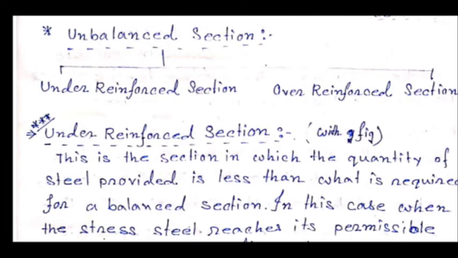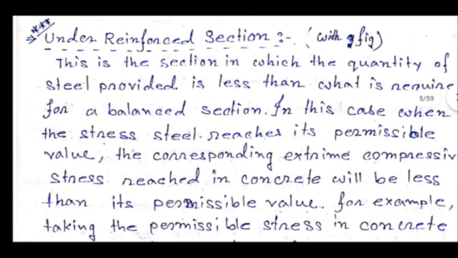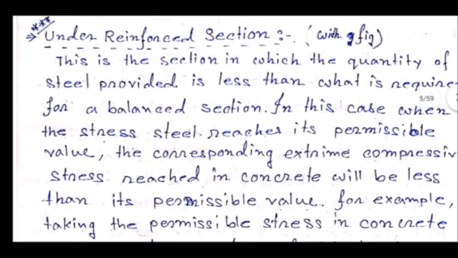Now, unbalanced section. There are two types of unbalanced section: under reinforced section and over reinforced section. Now, the under reinforced section is the section in which the quantity of steel provided is less than what is required for a balanced section.